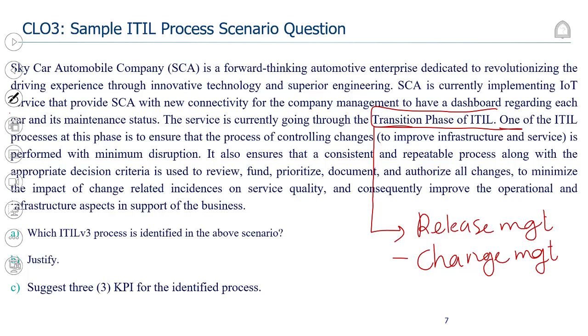One of the processes in this phase is to ensure that the process of controlling changes to minimize impact is informed. It also ensures that a consistent and repeatable process along with the appropriate authority is used to review, prioritize, document, and authorize all changes. Okay, so you can see we're talking about authorization of changes. So definitely it is change management.